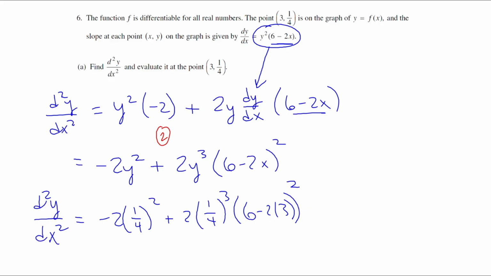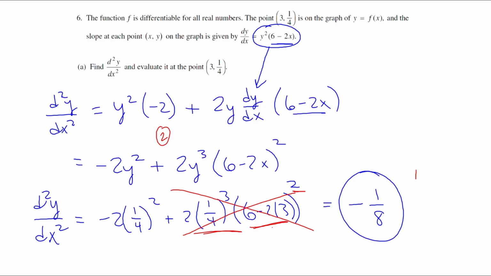Well, we'll note right away that 6 minus 6 is 0. 0 squared is still 0, and if I take 0 times anything, I get nothing. So that's all going to cancel out. And now we just have negative 2 times (1/4) squared. Well, negative 2 times 1/16 is negative 1/8. And you get a third point for getting negative 1/8.